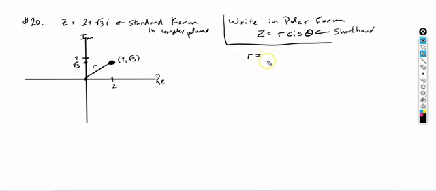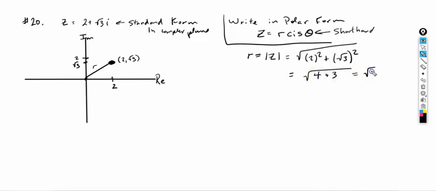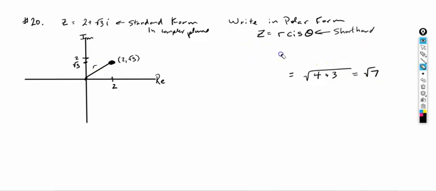But we saw in class that it's also the modulus of z, which is the square root of the x-coordinate, or the real part squared, plus the y-coordinate squared. So that's 4 plus 3, which is the square root of 7. So put that up here.